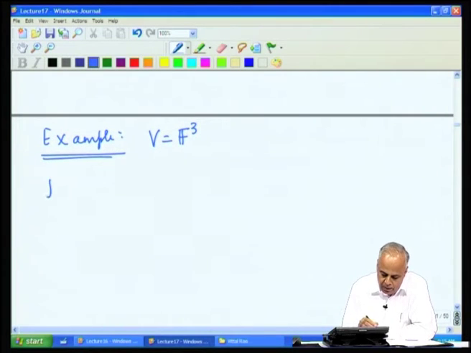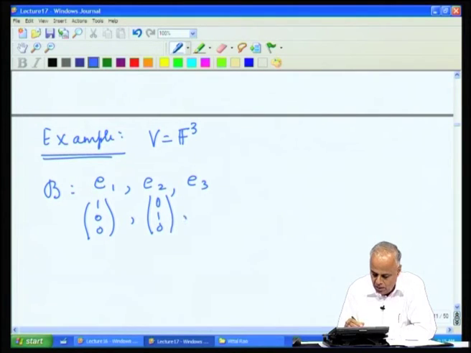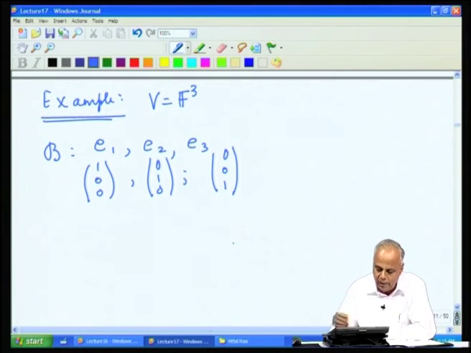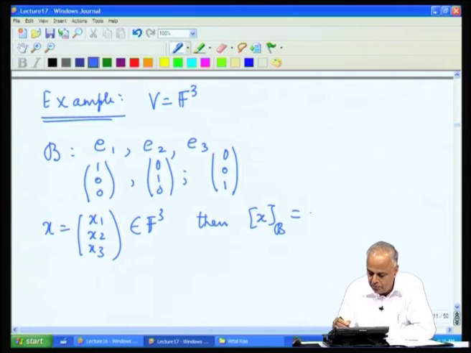Let us first take a basis B, which is the usual ordered basis we always start with, which is (1, 0, 0), (0, 1, 0) and (0, 0, 1). And then if you take any vector x = (x1, x2, x3) in F^3, then its representation in the B basis is just x1, x2, x3.